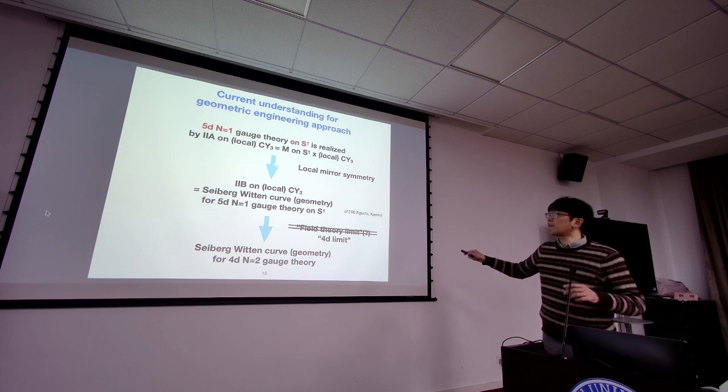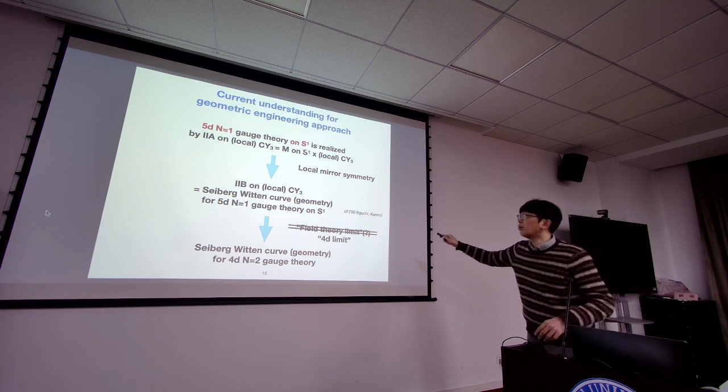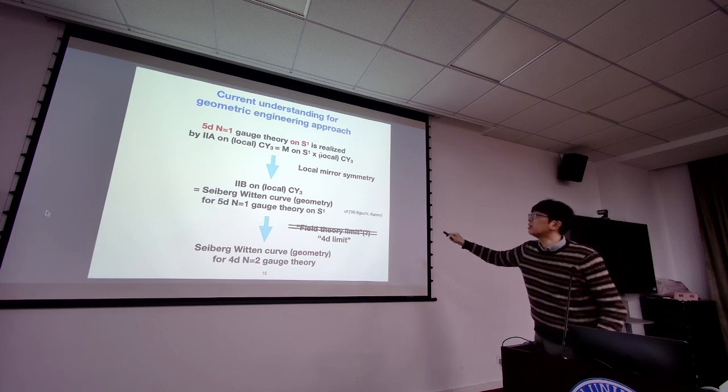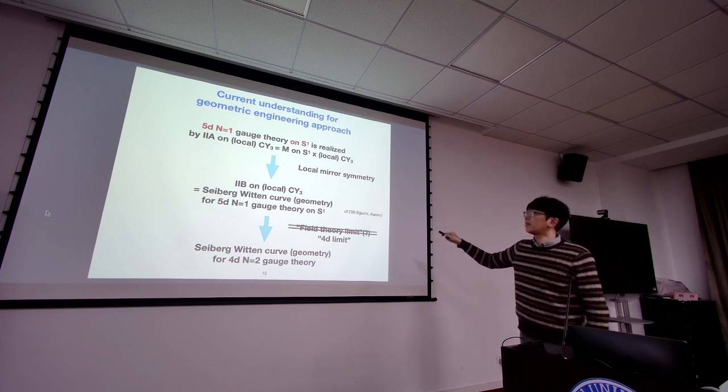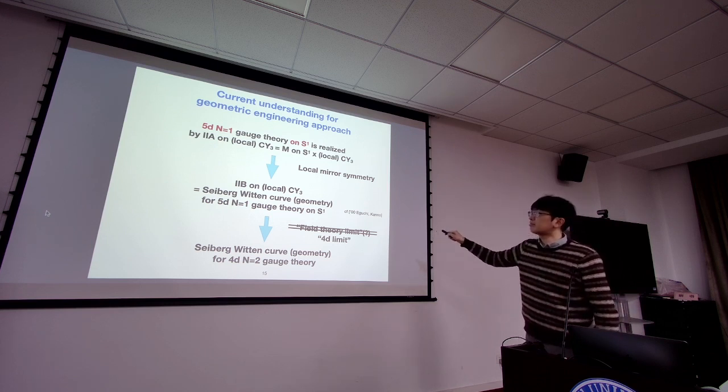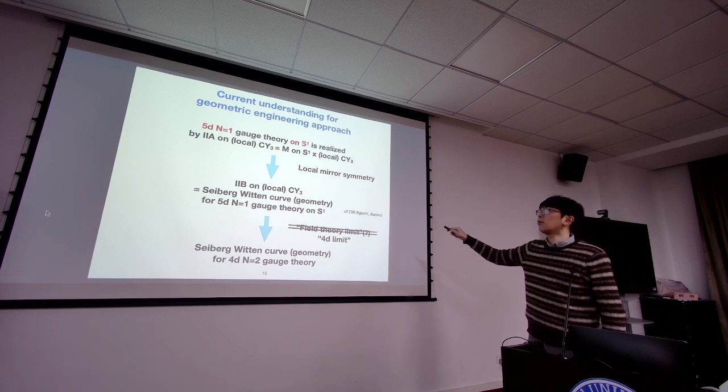Once we consider a finite coupling or finite radius S1, we should understand this setup as describing 5D N=1 on S1.